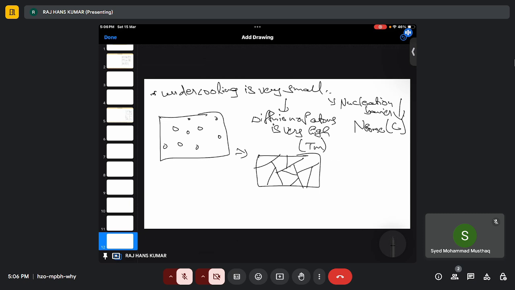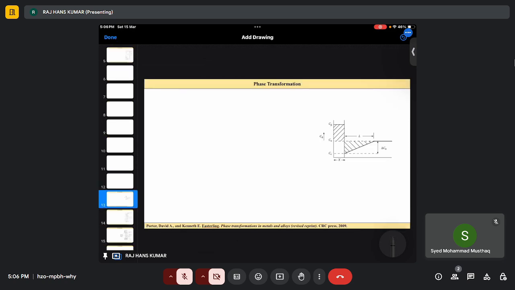So this is how we control the microstructure of any material while heating and cooling. Now the same goes for the precipitation.